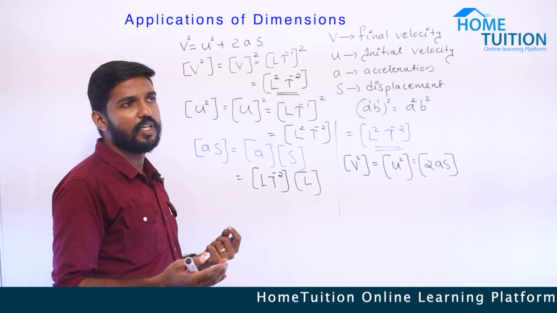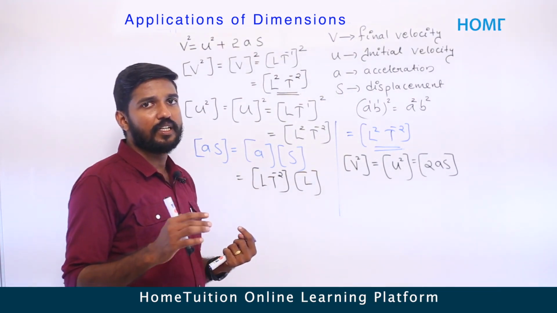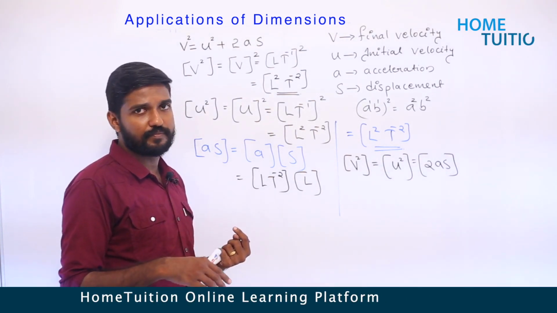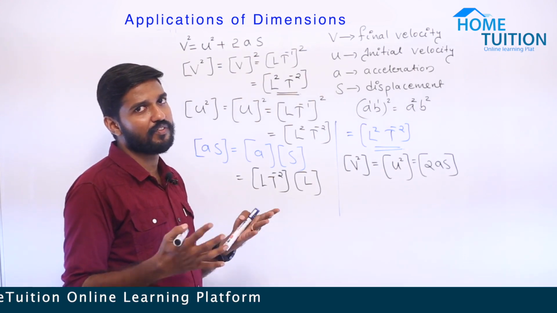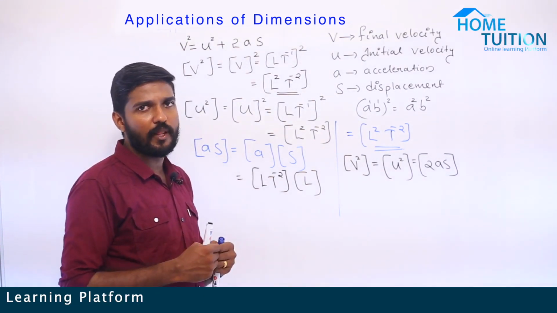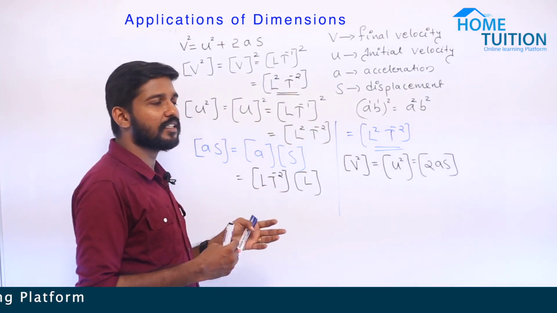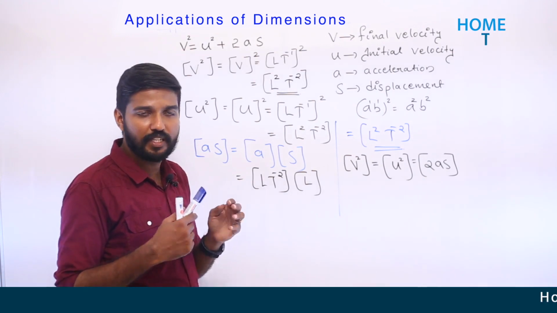First of all, you have to find the dimensions of all the terms. If there are 5 or 6 terms, you have to find the dimensions of all of them, then check whether all the dimensions are equal. Then we can say that the equation is dimensionally correct. I think that's clear to you.